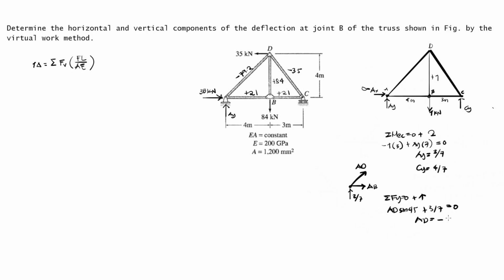So, pwede natin gawing decimal, 0.61. Or kung gusto natin mas accurate, pwede natin gawing 3 decimal point, 0.606.